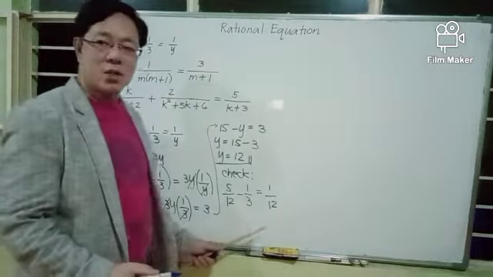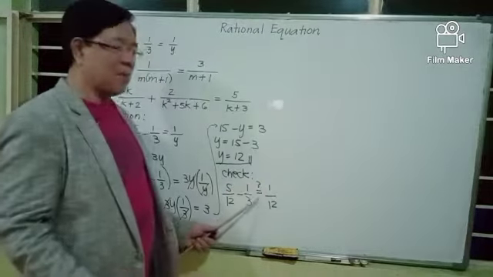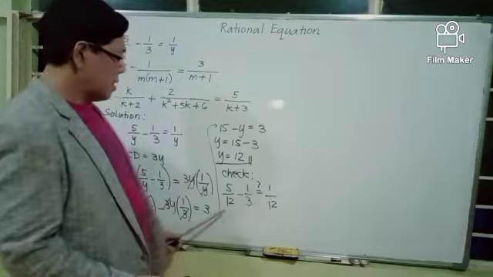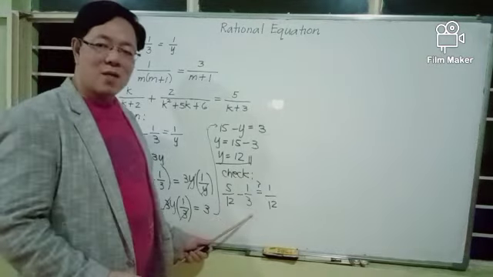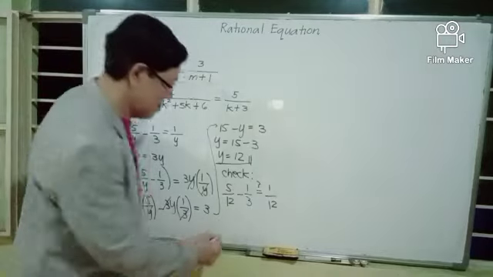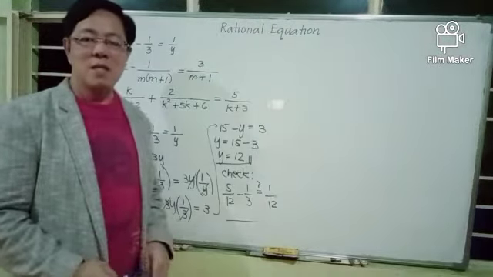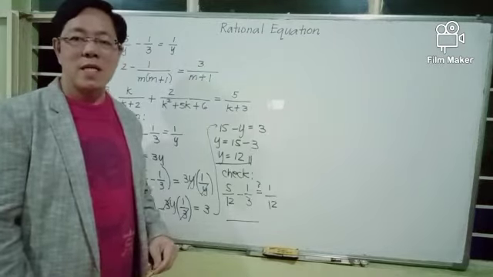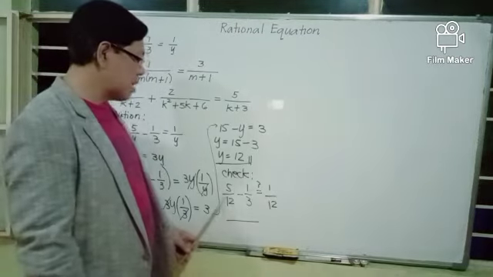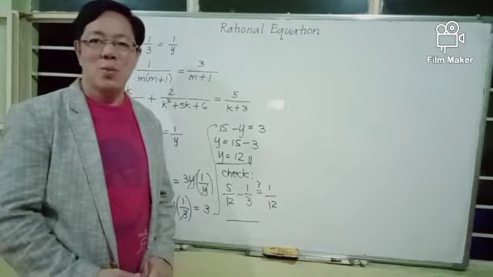Since we are not yet sure if they are equal, we put a question mark above the equal sign. Now at the left hand side, we get the LCD of 12 and 3. The LCD of 12 and 3 is the smallest, the lowest, the least number that can be divided by 12 and 3. And that number is 12.